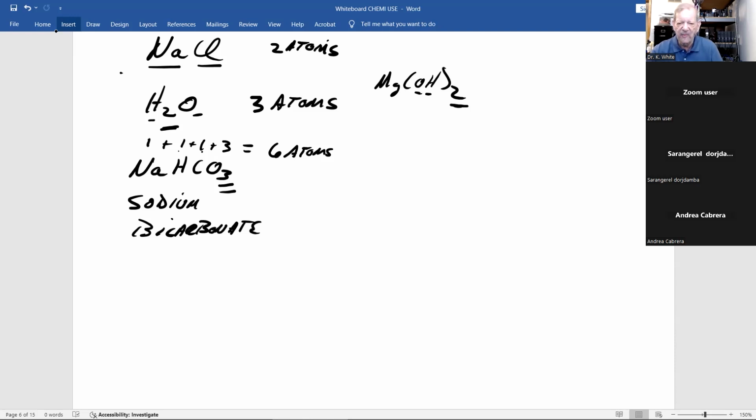So how many atoms in magnesium hydroxide? 1 magnesium. Now the oxygen is 1 times 2, so 2. The hydrogen is 1 times 2, which is 2, and that's equal to 5.